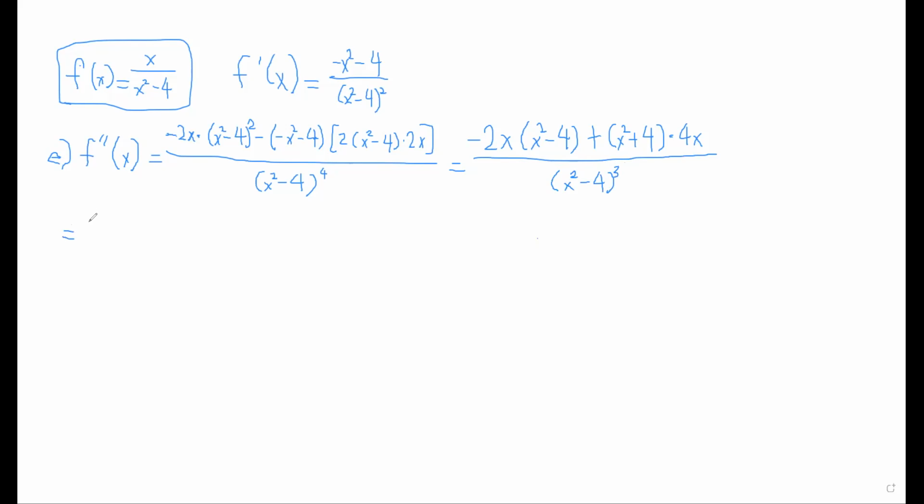Okay, keep on going like this. Negative 2x cubed plus 8x, plus 4x cubed plus 16x.